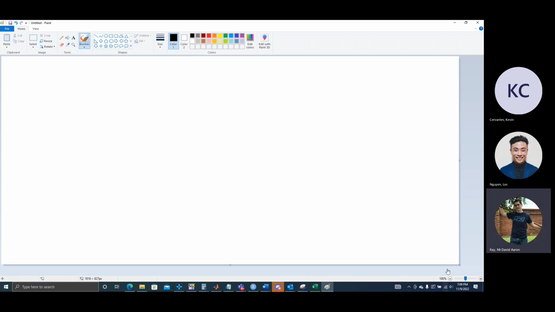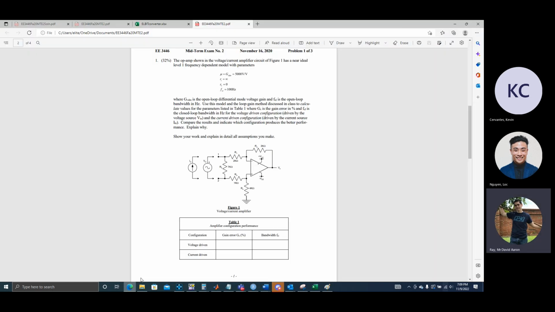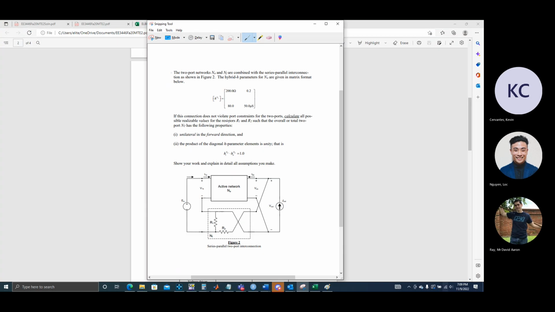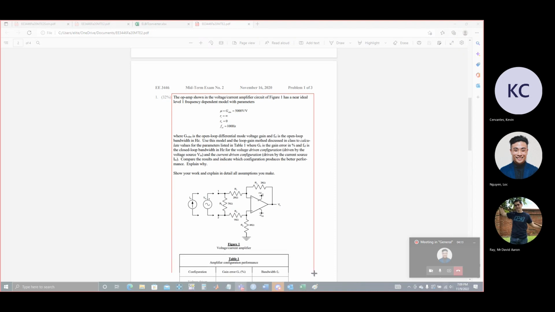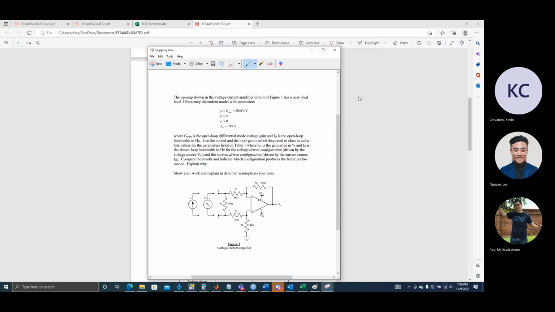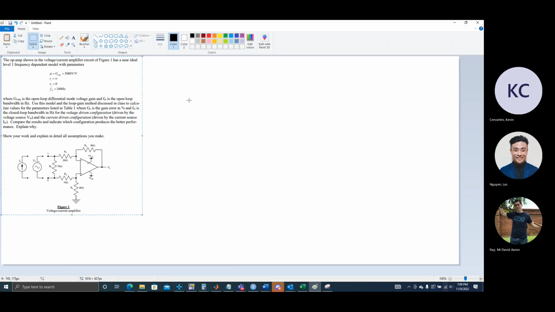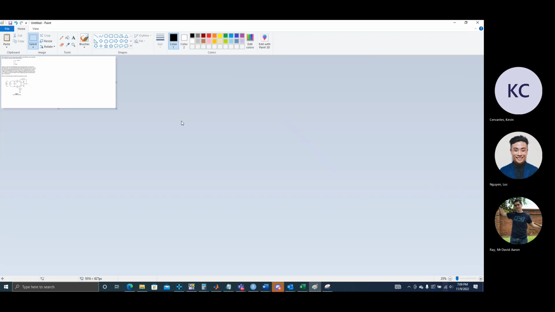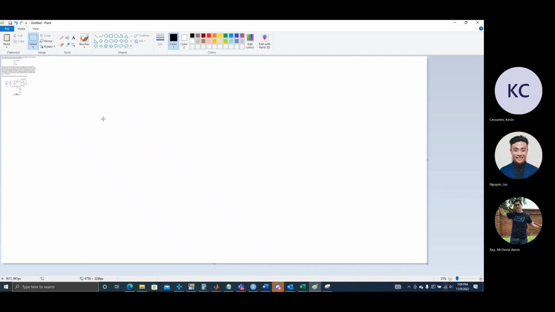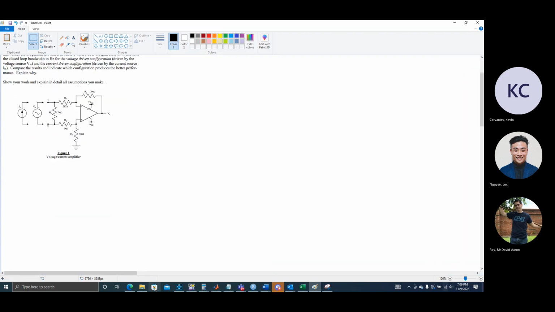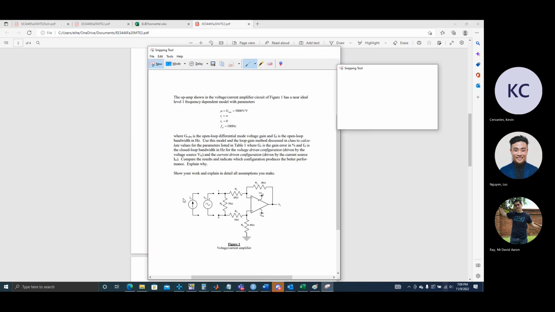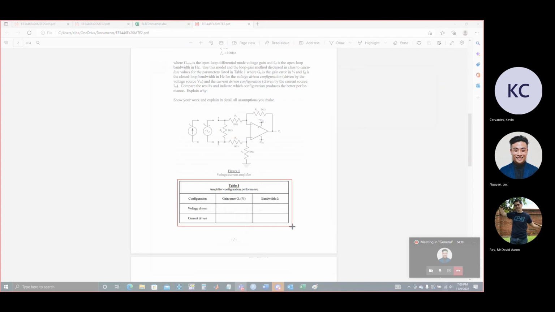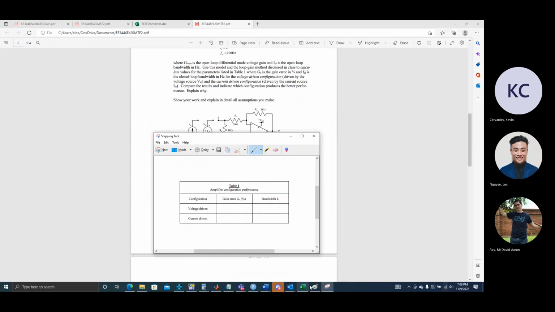Okay. Let me bring the problem in here. This is such a cool feature.